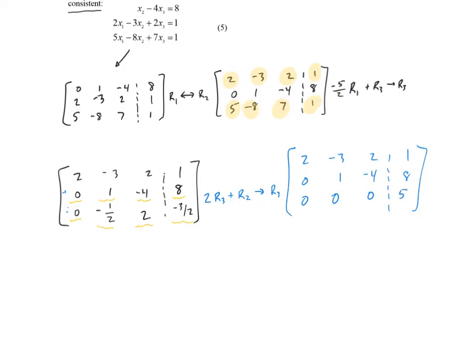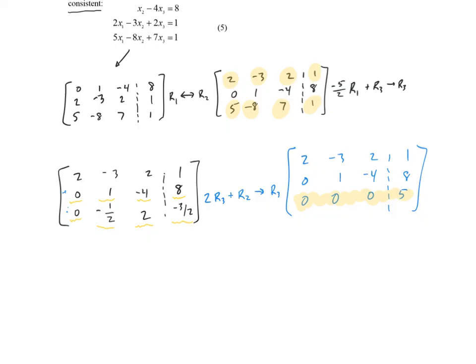Okay, so what happened? Take a look at that bottom row. Again, pause the video if you want before I give away all of the secrets. It's not a secret. But that bottom row says no x1, no x2, no x3 equals 5.